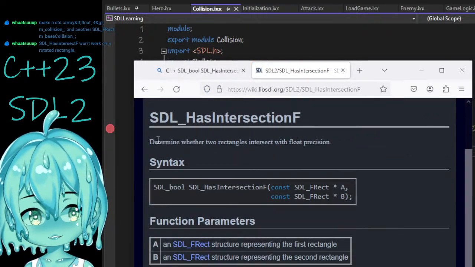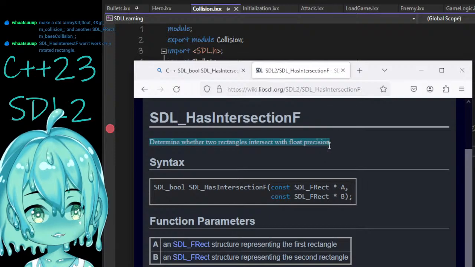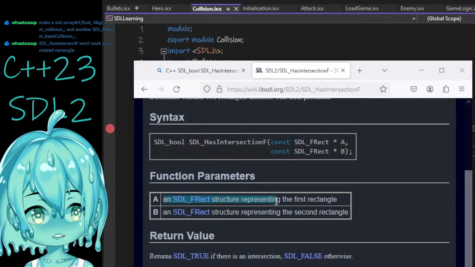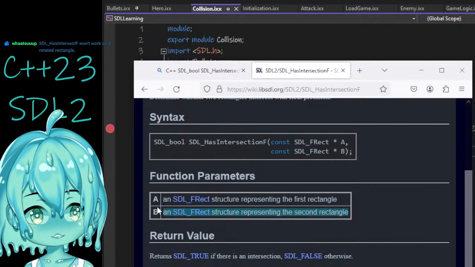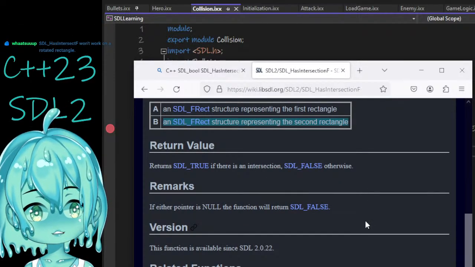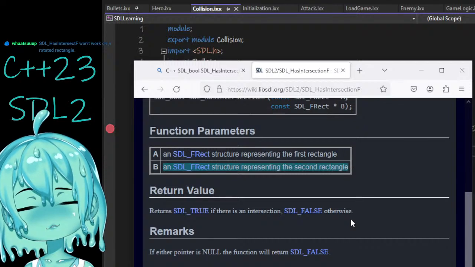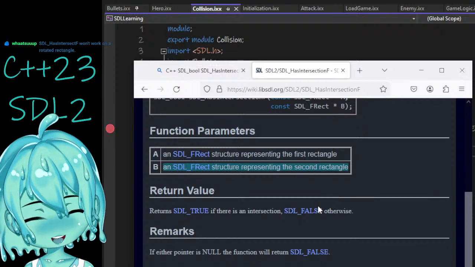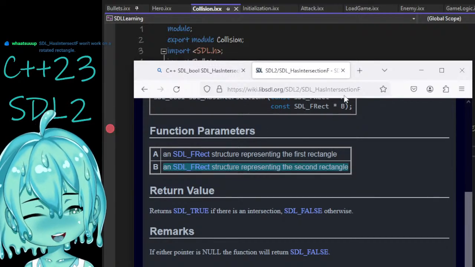SDL has SDL_HasIntersectionF, which determines whether two rectangles intersect with float precision. Pointer A, pointer B, an SDL_FRect structure representing the first rectangle, the second rectangle. Oh, you're right. Oh, that is so cringe. Oh, that is so bad.